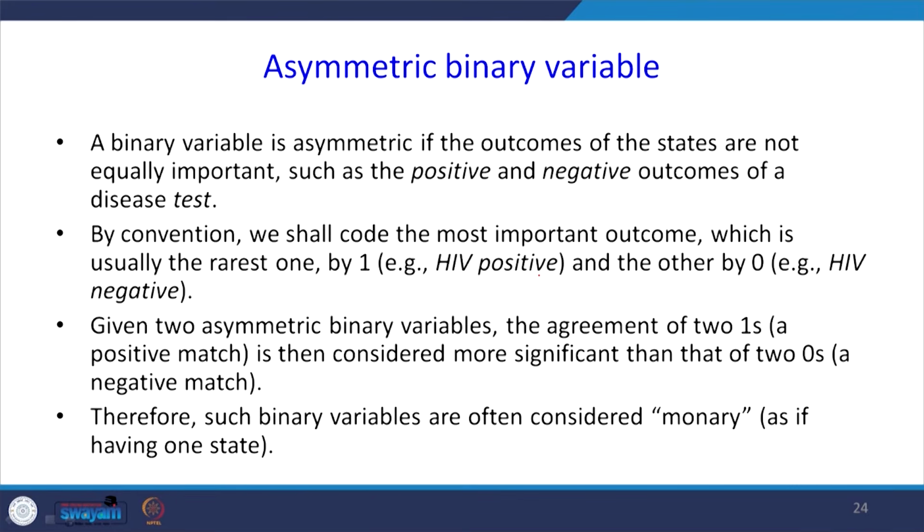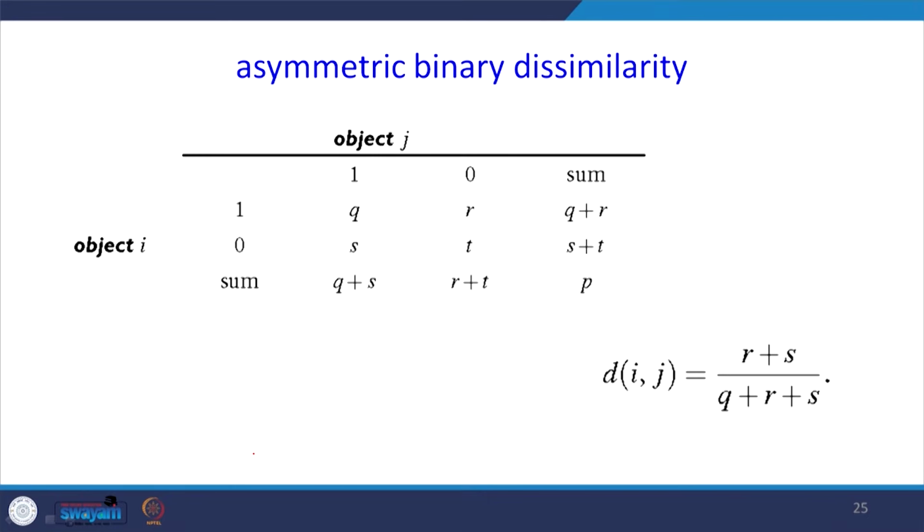Given two asymmetric binary variables, the agreement of two ones, that is a positive match, is considered more significant than that of two zeros, that is a negative match. Therefore, such binary variables are often considered as monary, as if having only one state, because we need not bother about the 0 state, which is the non-presence of HIV. We are more concerned about only the presence of HIV, where the state of 1 is more important.